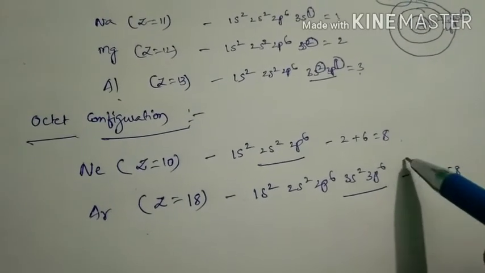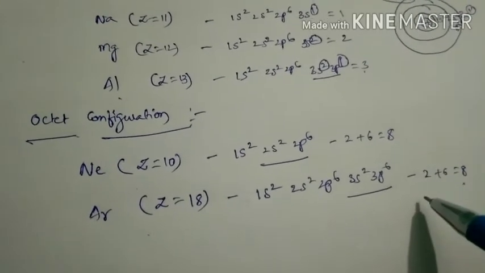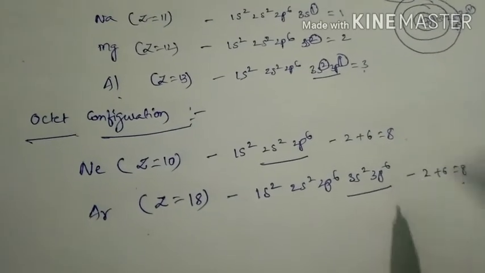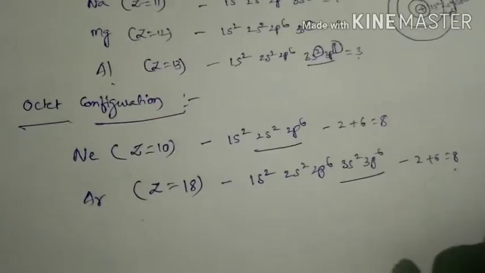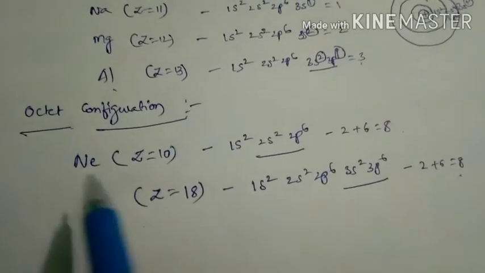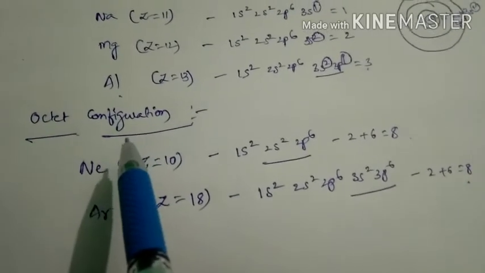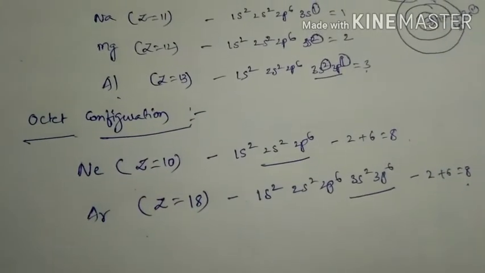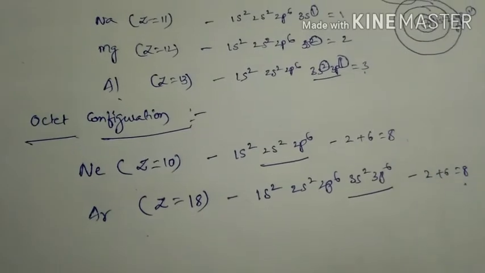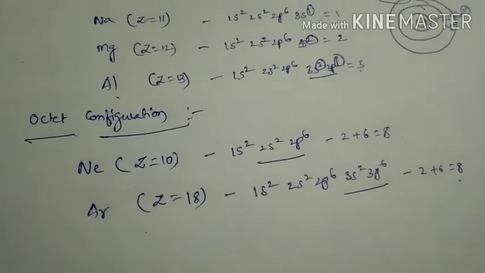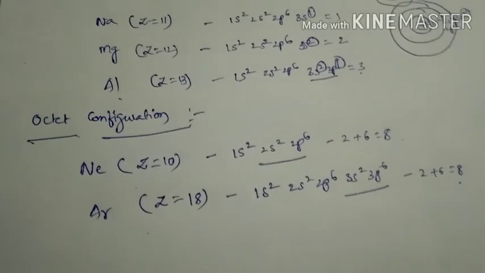That means neon and argon have 8 valence electrons in their outermost orbit, so they have octet configuration and they are more stable. This is a very important point. What is octet configuration? If 8 electrons are present in the outermost orbit, that is called octet configuration. If any atom has 8 electrons in its outermost orbit, it will be more stable.